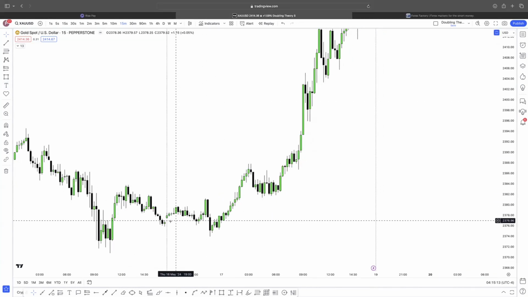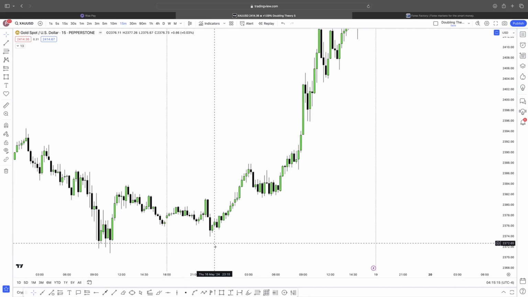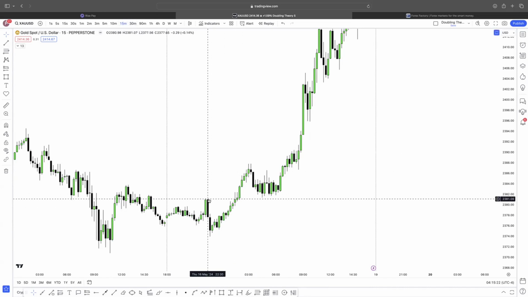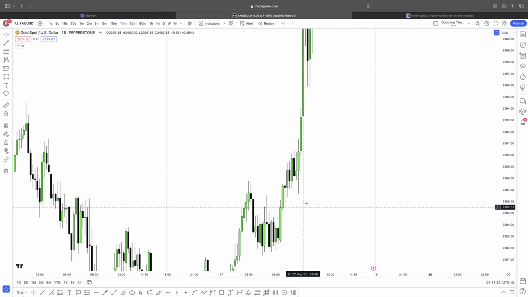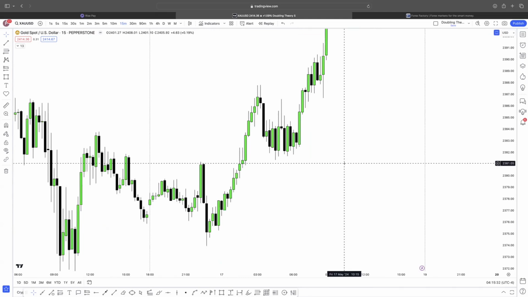Check this out. We had SMT down here. So that's the manipulation. 15-minute chart right there. Where is the body closure here? See, no body closure, unless there is. See, body closure above this candle?